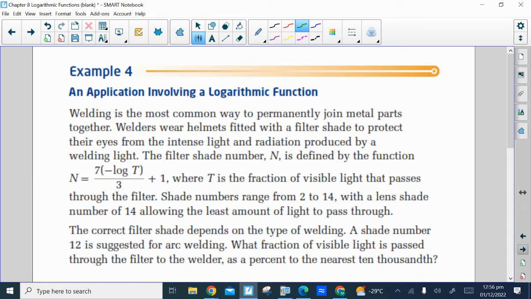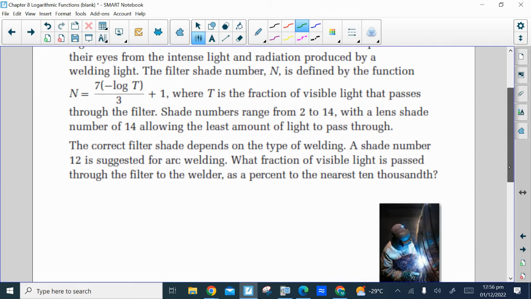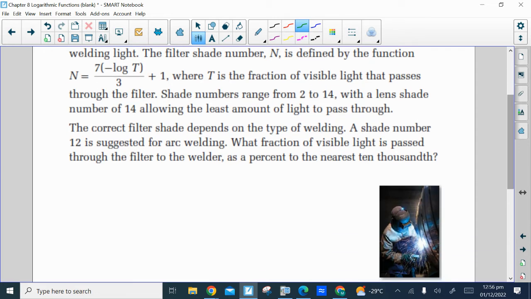What fraction of visible light, so you want to know what T is, passes through the filter to the welder, as a percent to the nearest 10,000th. So we want to find out what T is if N equals 12.